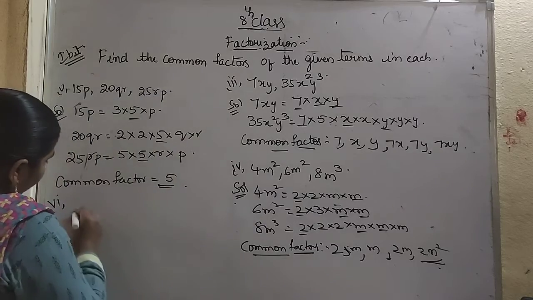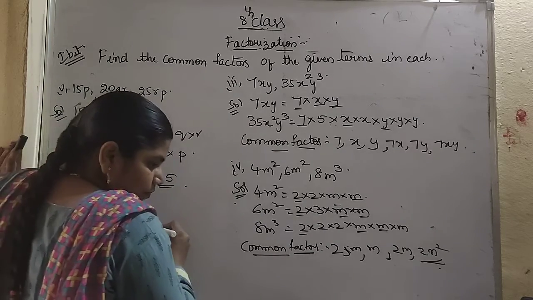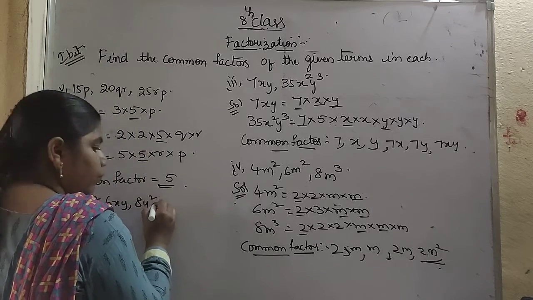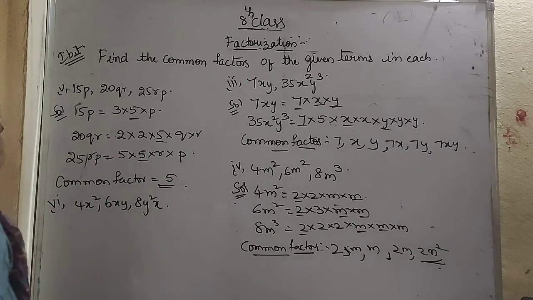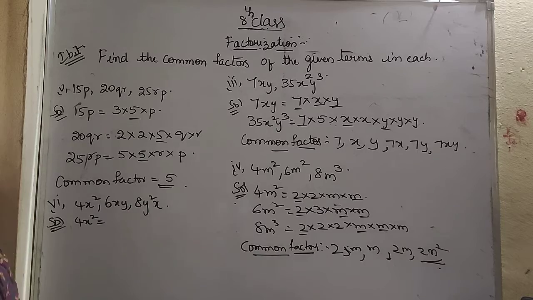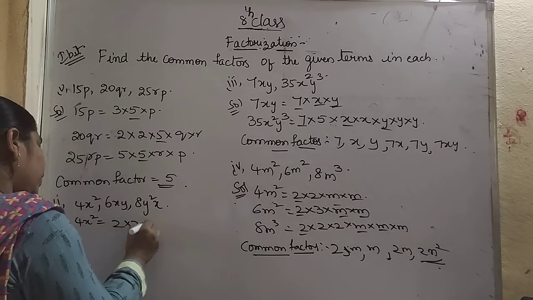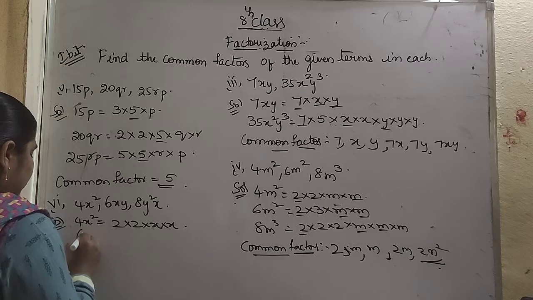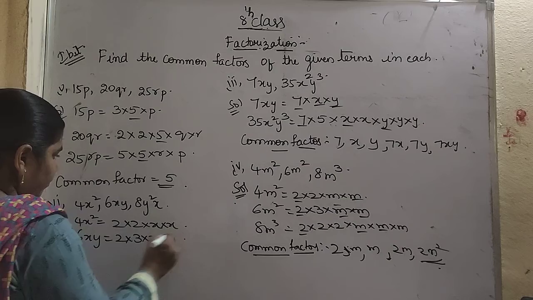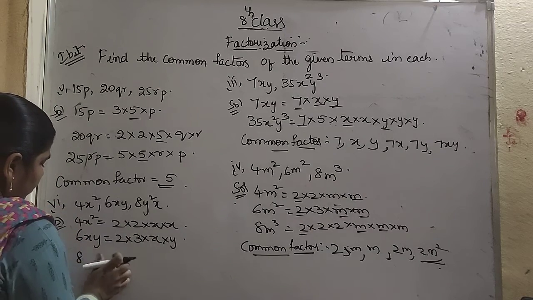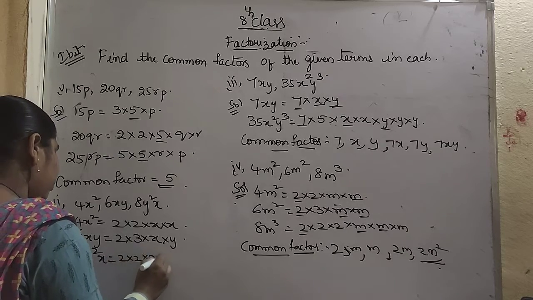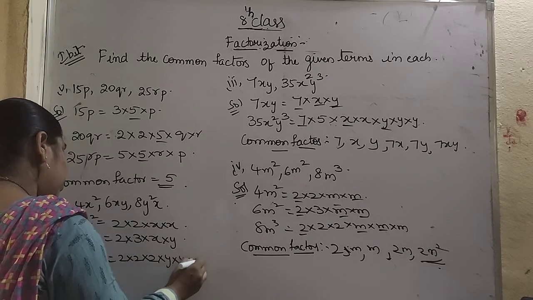The sixth bit is 4x square, 6xy, 8y square x. 4x square can be written as 2 into 2 into x into x. 6xy can be written as 2 into 3 into x into y. 8y square x can be written as 2 into 2 into 2 into y into y into x.